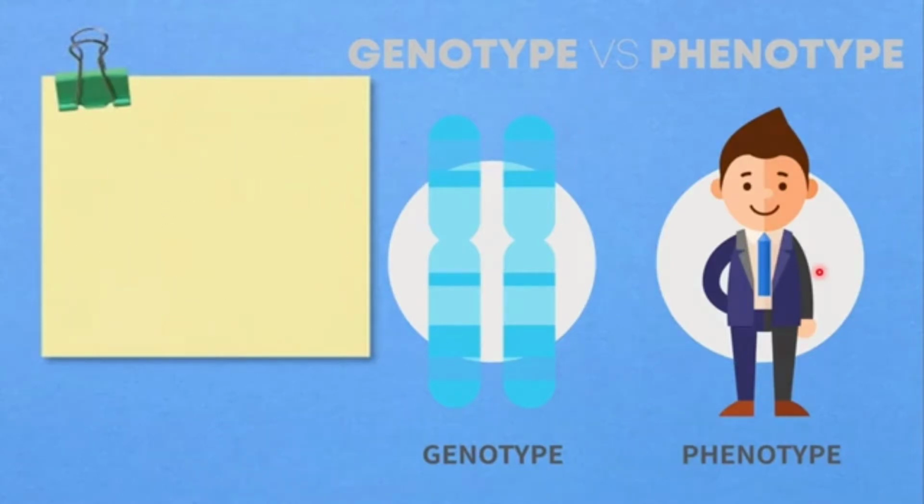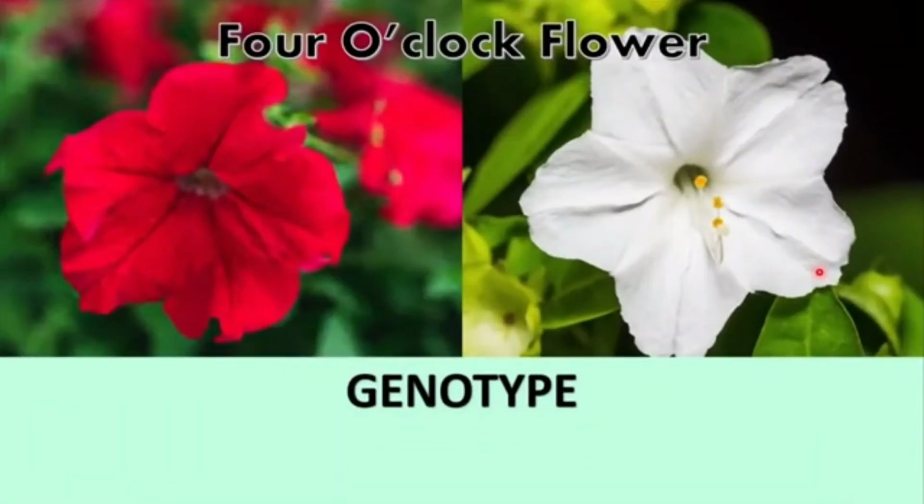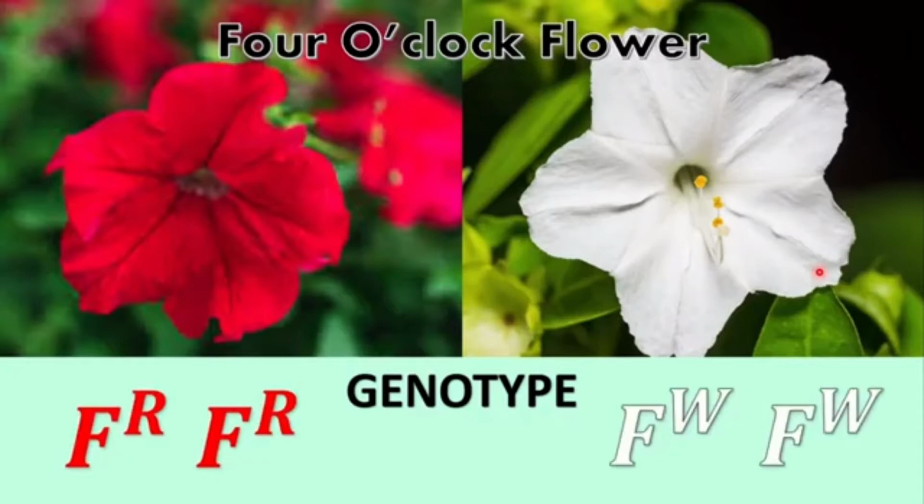Let's have an example of genotype and phenotype. For a clocked flower, so I have here two flowers as you can see. What is the genotype of the first flower? The genotype is FR, the combination of two alleles. How about the other one? That is FW. That is the genotype, the genetic makeup of organisms.